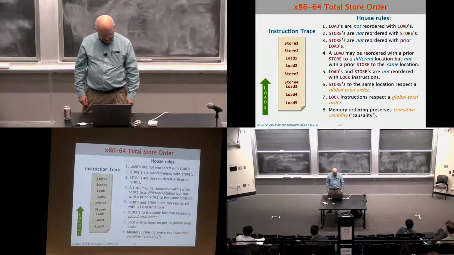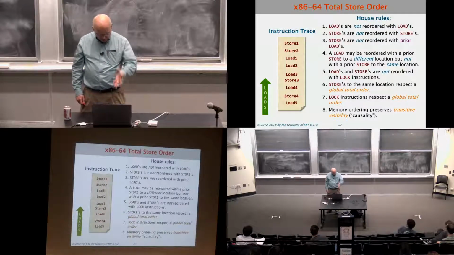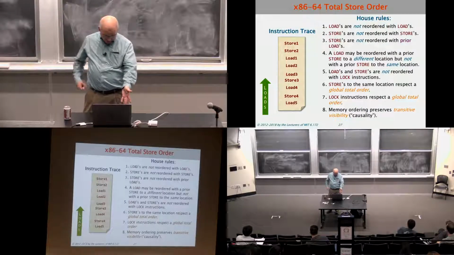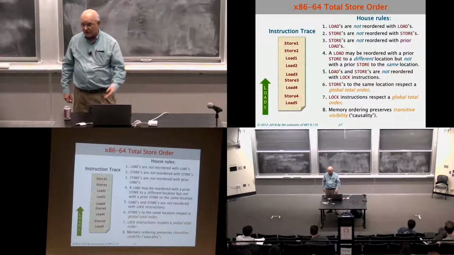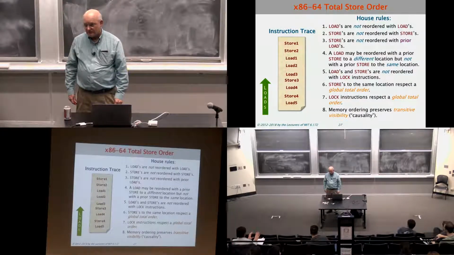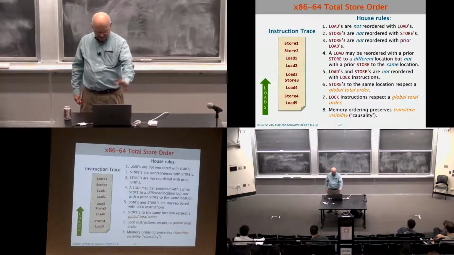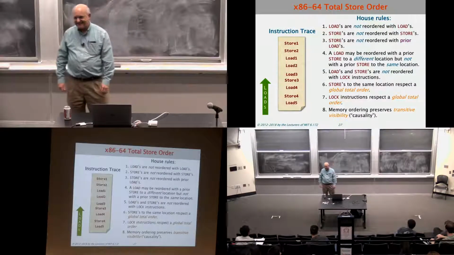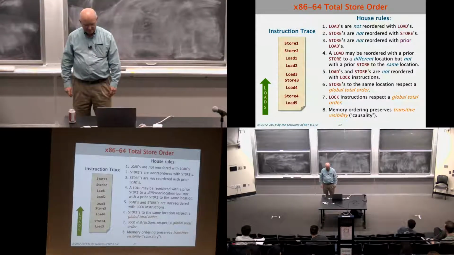So in this case, we moved load 3 up 2, and we moved load 4 up 1. We could maybe have moved load 4 up before store 3, but maybe they were to the same address. Load 3 and store 3 don't mean that they are for the same address. This is abstract. Got it? Okay.